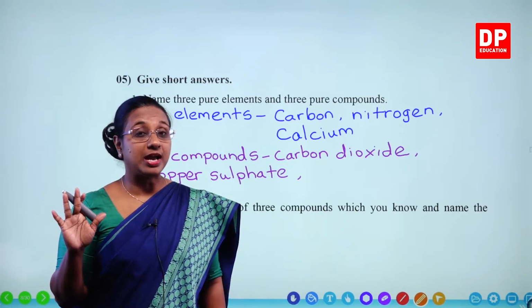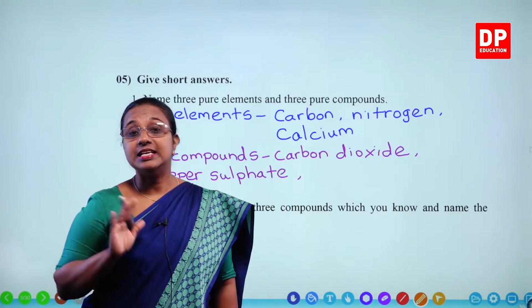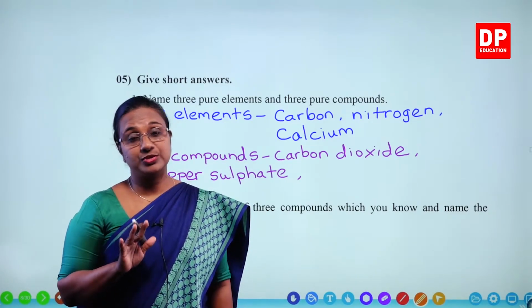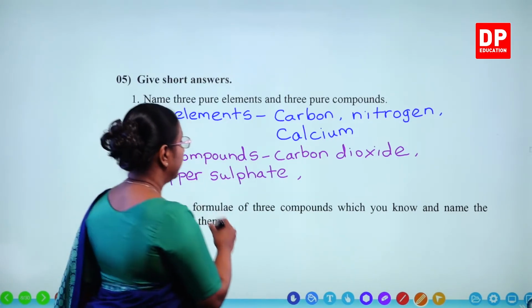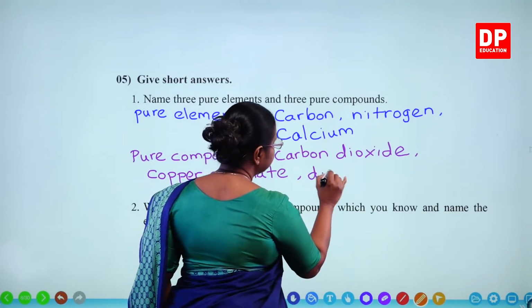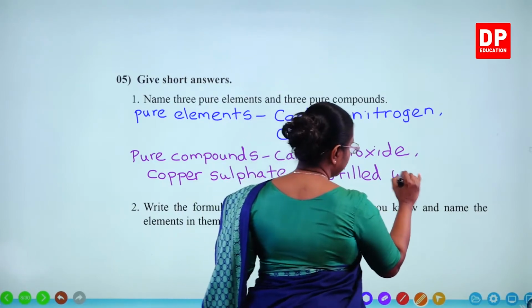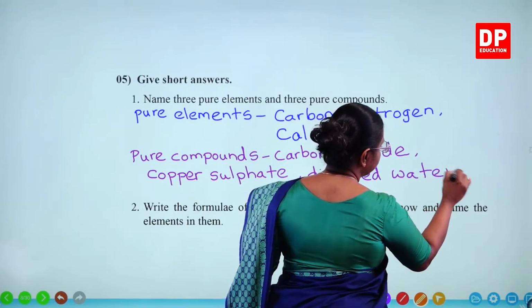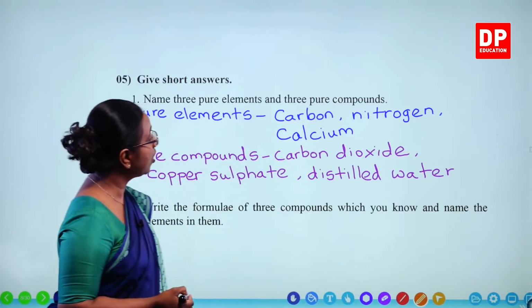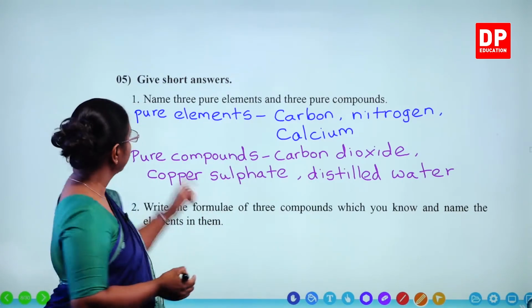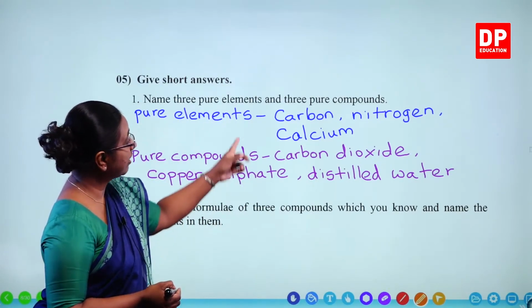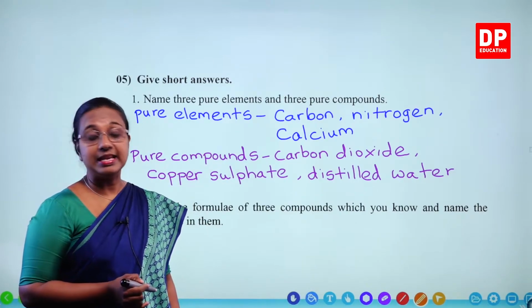So what should you write? You have to write as distilled water, or you have to say pure water. So here I will write it as distilled water. Distilled water is pure water. So they have asked for 3 pure compounds. So as 3 pure elements, we have written carbon, nitrogen and calcium.